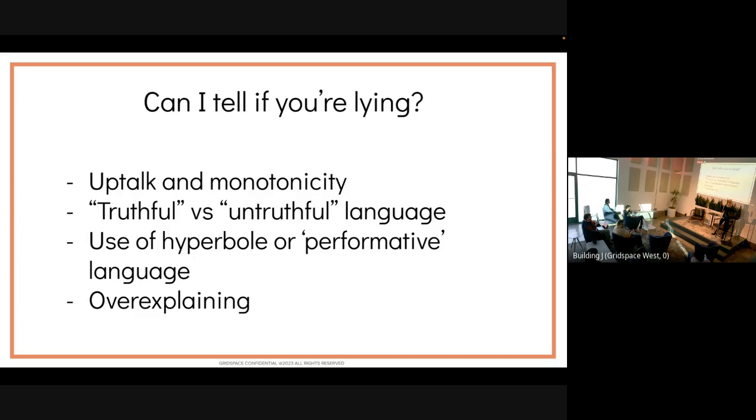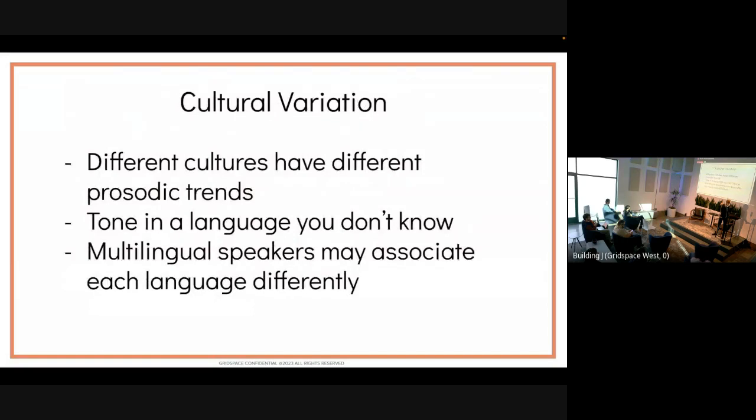Apparently females tend to increase their uptalk when they're lying, whereas males tend towards more monotonicity. There's probably some things to dig into there, but truthful versus untruthful language, like using specific words that signal truthfulness. Hyperbole and performative language tend to skew towards lying, as does over-explaining. I'll get back to why I'm talking about this in a bit, but final thing, I know I said the last one was the final thing, I lied.